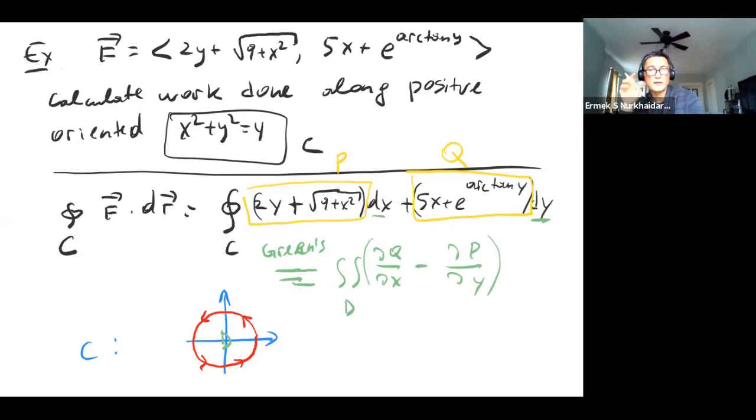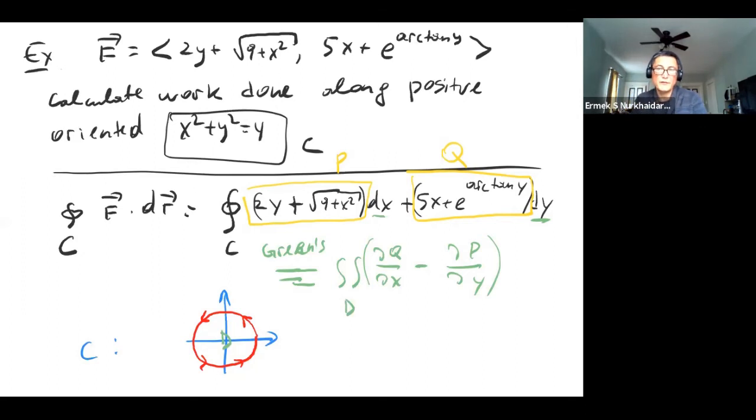If you subtract and it equals 0, your double integral will give you 0, because we're doing work over a conservative field, right? That's exactly what we did last time.